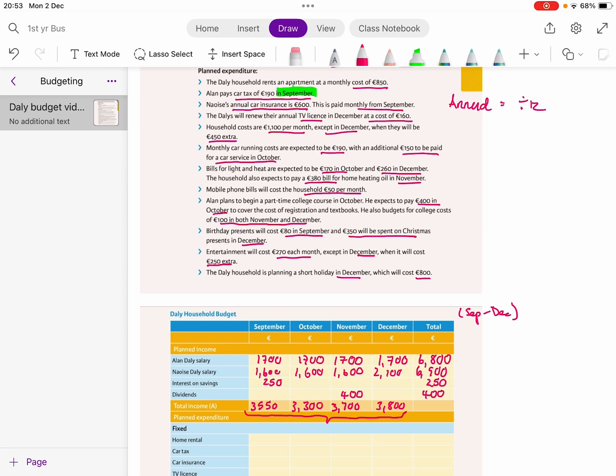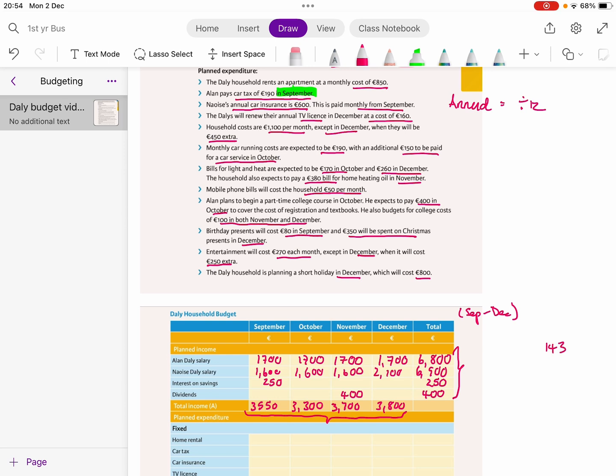I'm also going to add the four figures along the side, and I should end up with the same figure. And if I do, it means generally I've included everything, and you know, there's a good chance that I'm correct. So I have 14,350 when I add down. I was going to make a little note of that now.